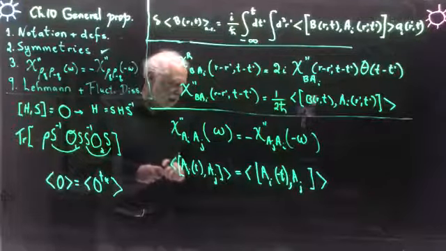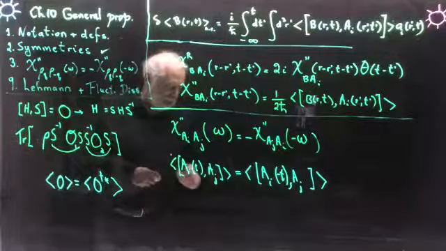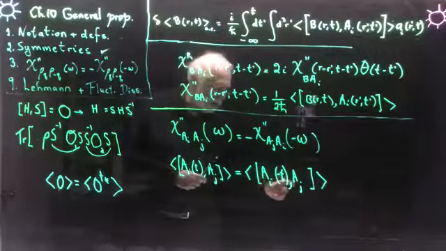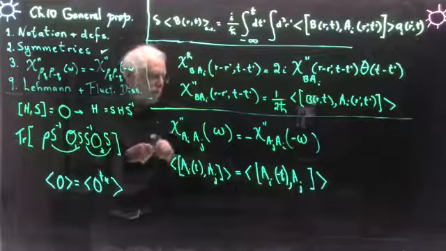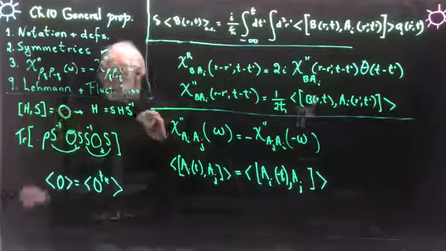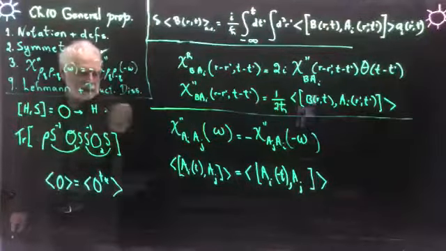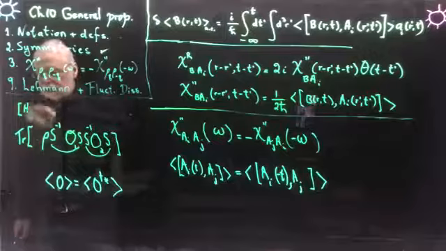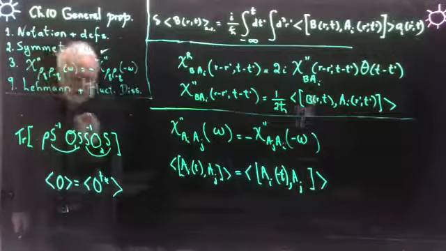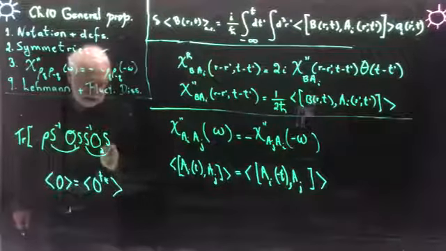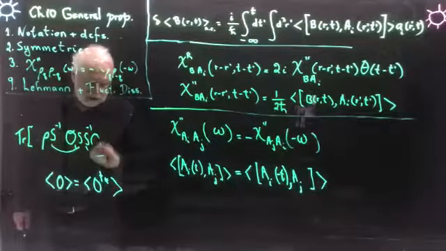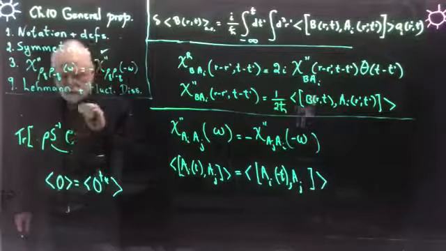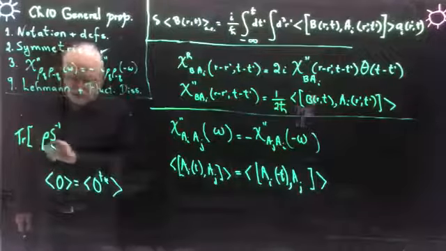So what does this imply for this type of correlation functions? It implies that if I have time reversal symmetry, chi double prime of AI, AJ of omega will be chi double prime of AI, AJ of minus omega. So I can write this result here, and that will prove what I need to prove for the density.